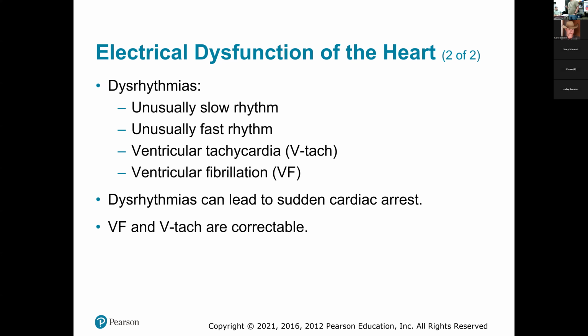Knowing what their normal is, that's a very good point. If you've got someone who runs marathons all the time, their resting heart rate might be 54. If you have someone who's in AFib constantly, their heart rate might be between 90 and 120 all the time. So you're going to see them high, you're going to see them low, back and forth. Very good.